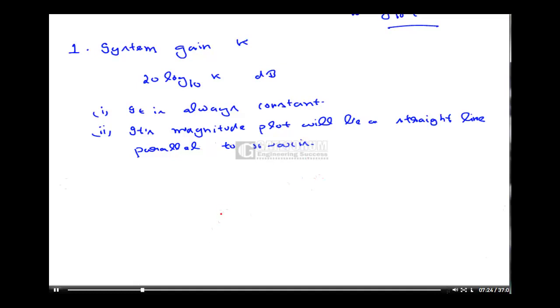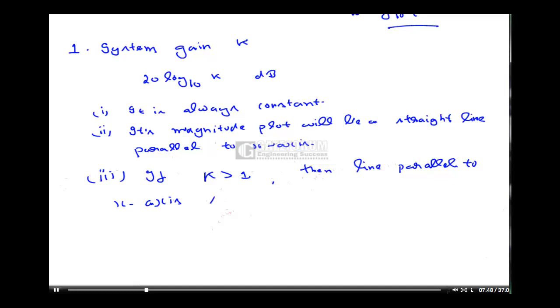For the value of K, whether K is greater than 1 or less than 1, the third point will be: if K is greater than 1, then the line parallel to the x-axis lies above the 0 dB point.